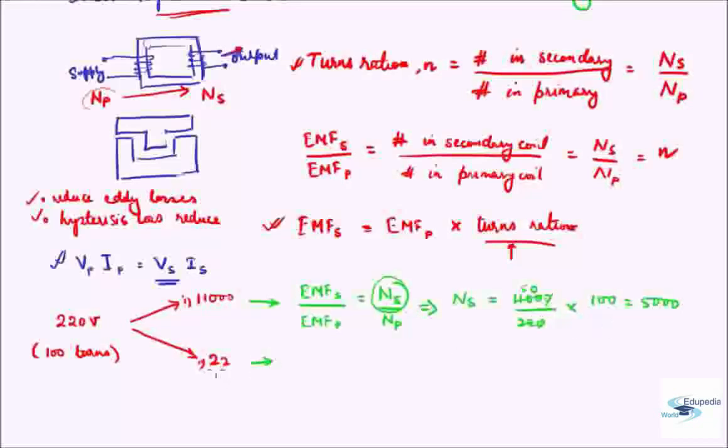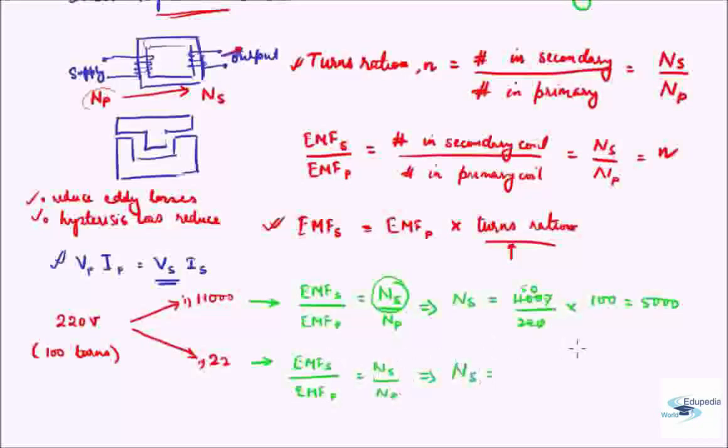Second case, since we are stepping down the voltage, obviously the secondary coil will have lesser number of turns. Let us calculate it. Again the same formula, EMF secondary upon EMF primary is equal to number of turns secondary upon number of turns primary. What I need to find is the number of turns secondary.